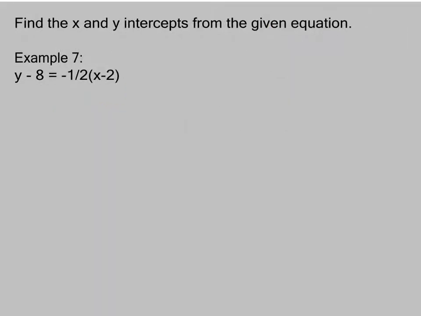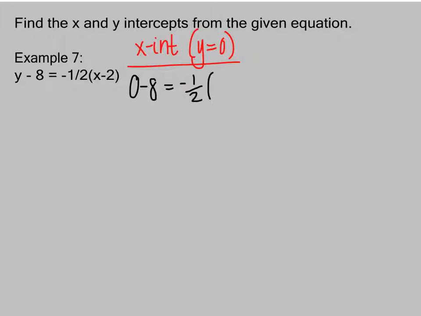Example 7. Again, we're finding the x and y intercepts. Your x-intercept happens when y is equal to 0. That means that I need to plug 0 in for y. So 0 minus 8 equals negative 1/2 times x minus 2.